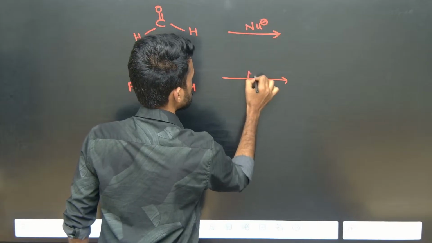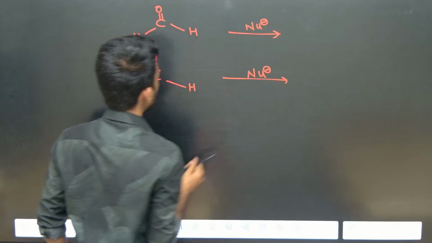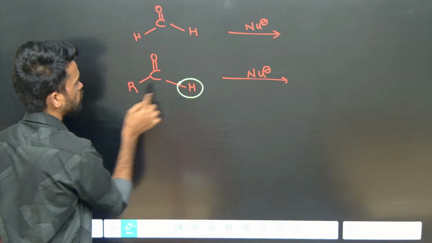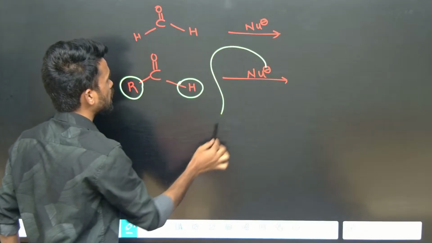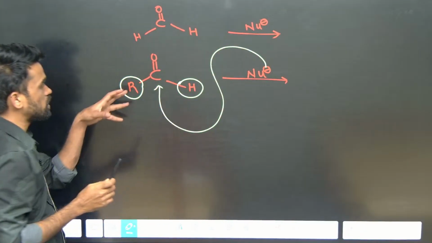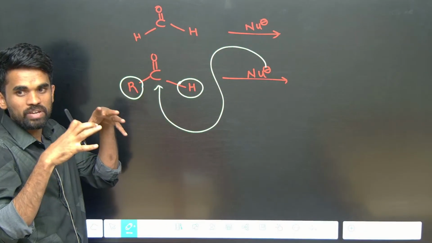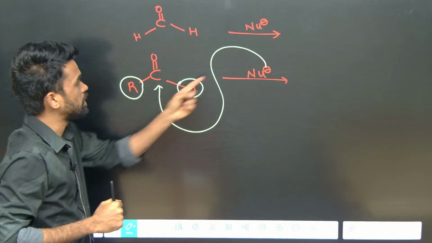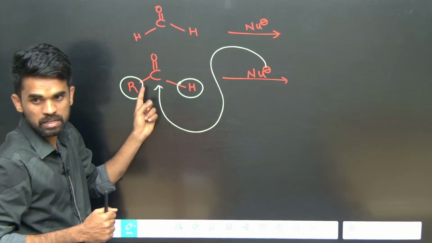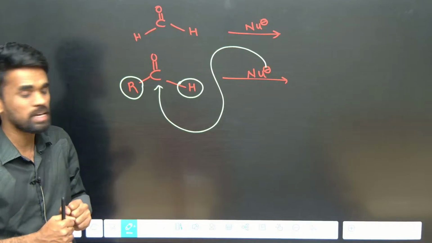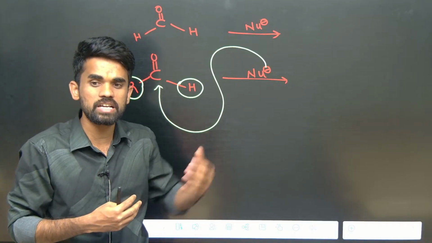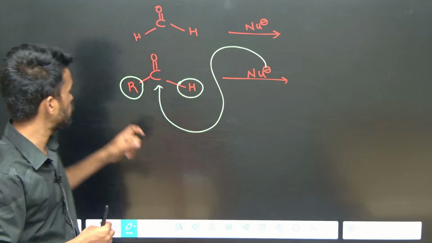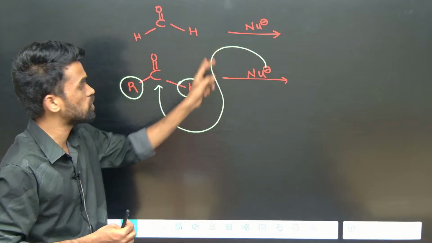If the attached group sizes are small, nucleophile entry will be very easy. But if the group size is very bulky, the entry of nucleophile will be difficult. Therefore, as alkyl groups are bulkier, the nucleophilic addition reaction will be less.